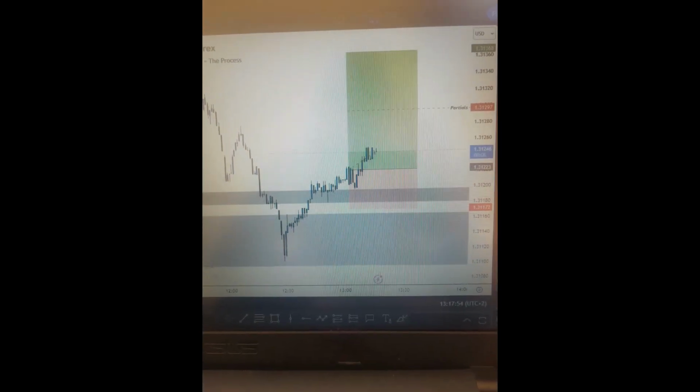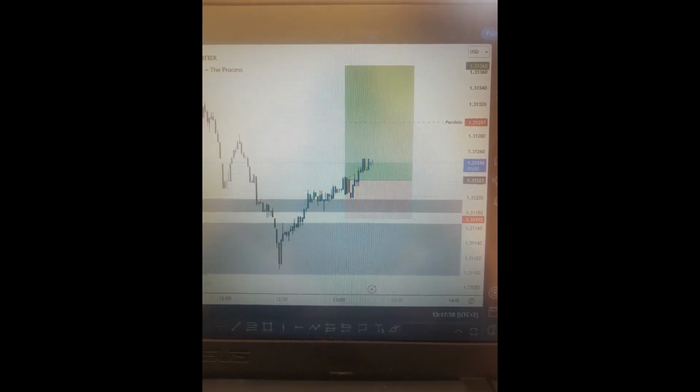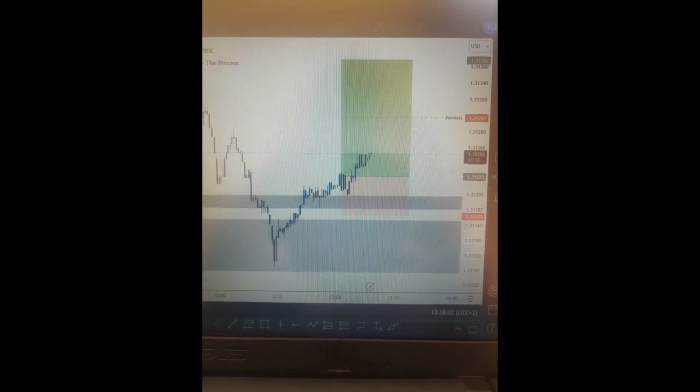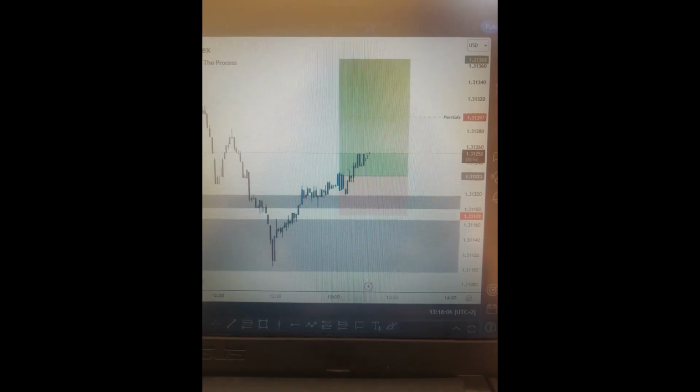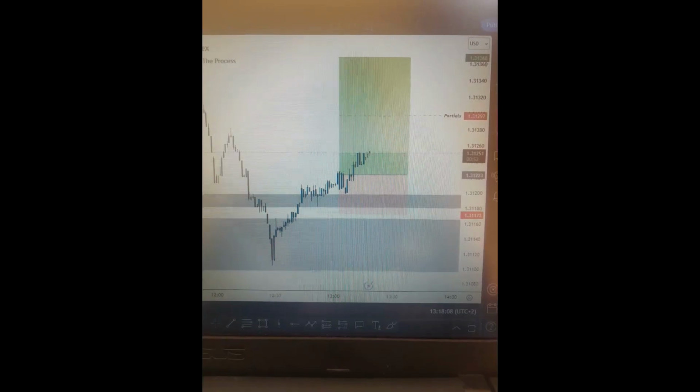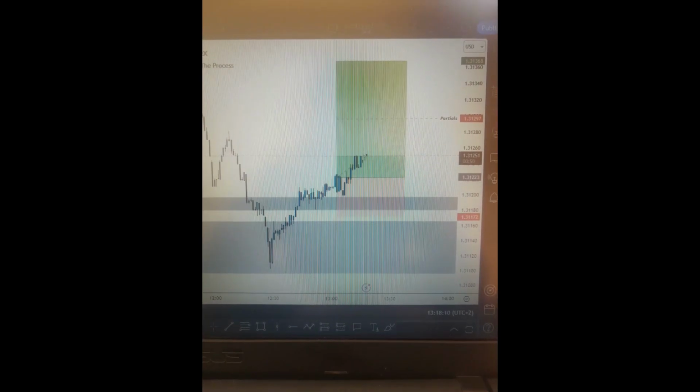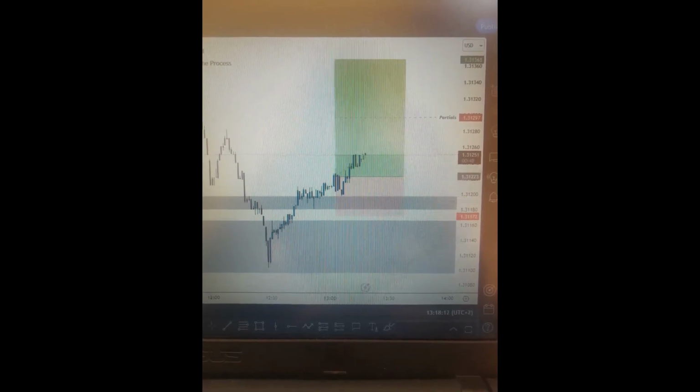So, hey guys, here is another position on GU. This time, very sure about the direction of the trend. I'm not saying I'm sure that the trade will play out, but I'm sure about the direction. The last time I just hadn't paid attention to the direction of the trend, but this time I paid attention to it.